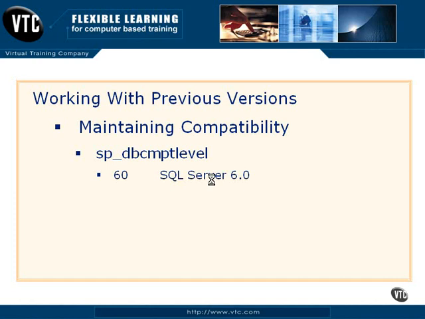If I run the stored procedure and pass it a parameter of 60, this is telling the SQL Server to work in a compatibility mode with SQL Server 6.0. This means behave and do right by the 6.0 boxes, okay? If I pass it 6.5 or 65, this is telling it to work in a compatibility mode with SQL Server 6.5 boxes. 7.0 obviously means SQL Server 7.0.